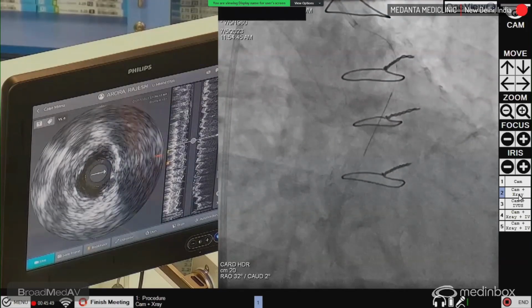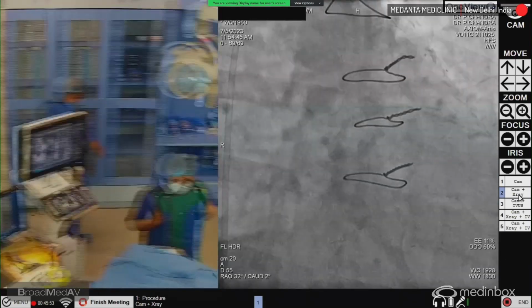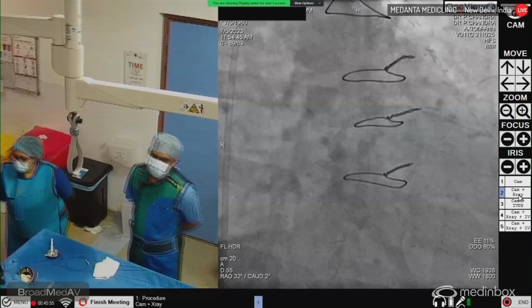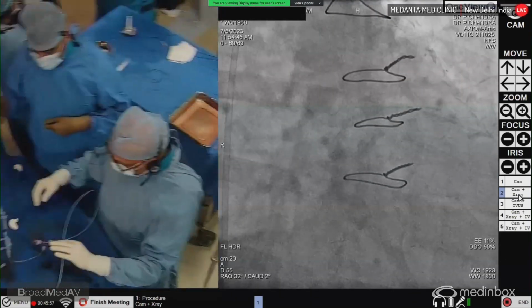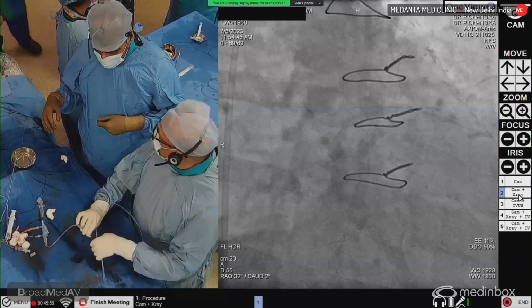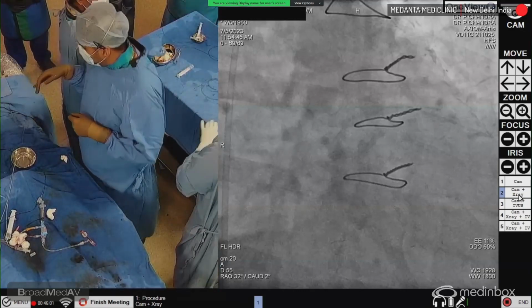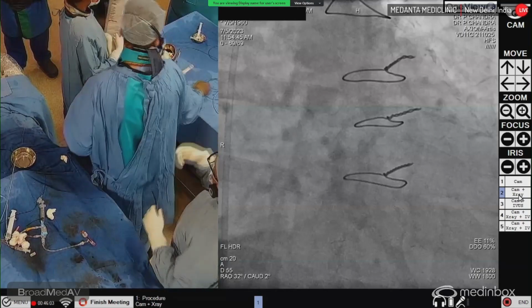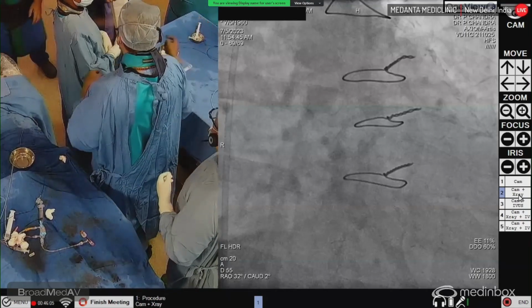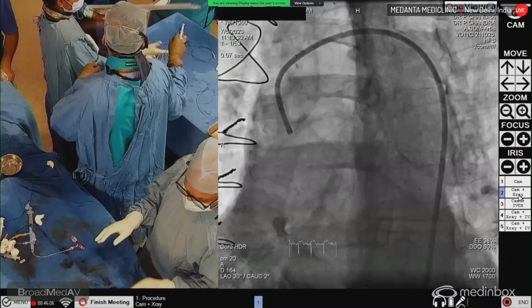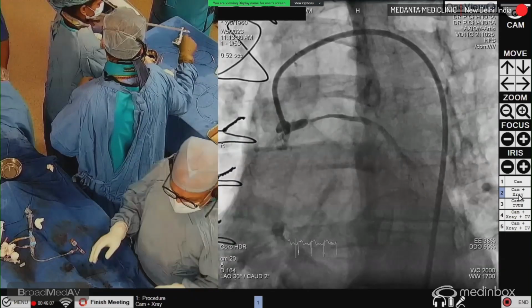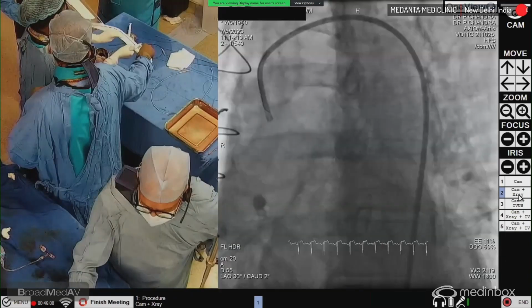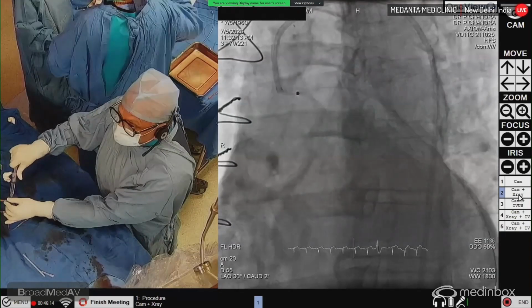So this is out, and we'll take out this guide catheter, which was a multipurpose guide catheter, 7 French, which we use for the vein grafts. We'll take the RCA, 7 French RCA. Now we'll go to the right coronary. So these two lesions did very well, and we are quite happy with this.